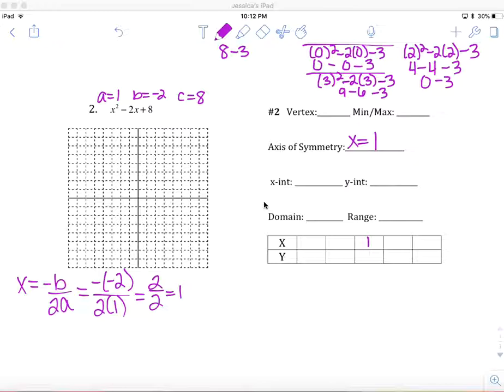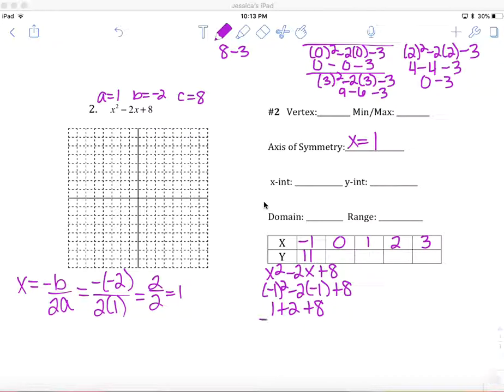Now, to find my y values, I'm going to use the same x values as before, and I'm going to plug these in to my equation, x squared minus 2x plus 8. For negative 1, I have negative 1 squared minus 2 times negative 1 plus 8. 1 plus 2 plus 8 comes out to be 11.